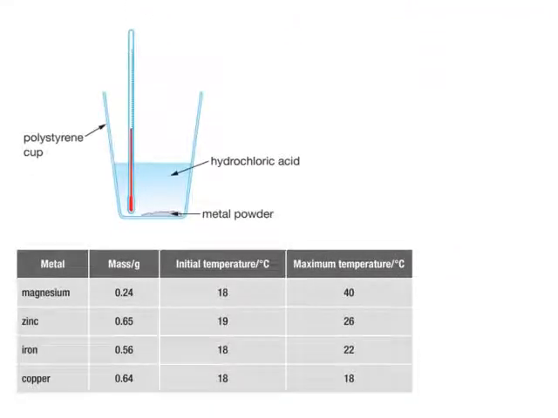Okay, so there's two ways that you can see which ones are most reactive, and you can either use a test tube way, count the bubbles, or you can use the calorimetry way. So you can use a calorimeter, which is just a fancy word for this polystyrene cup here, which we're going to measure the temperature in.